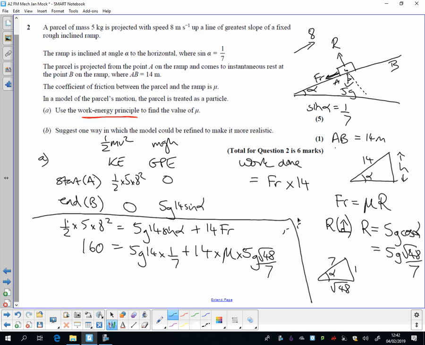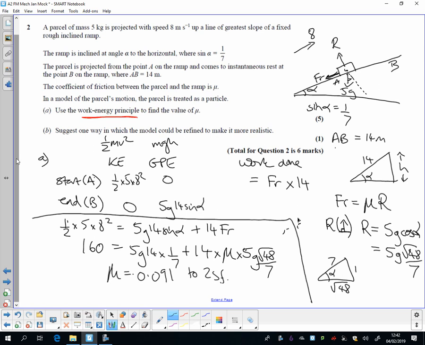Okay, so that's subbing in for R into friction, then friction into the equation, putting sine alpha in as well. And then if you rearrange all that, you can find that mu is 0.091 to two significant figures.